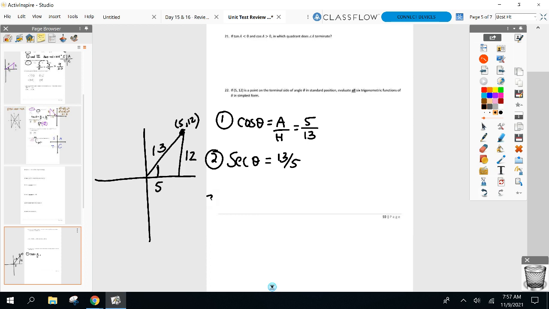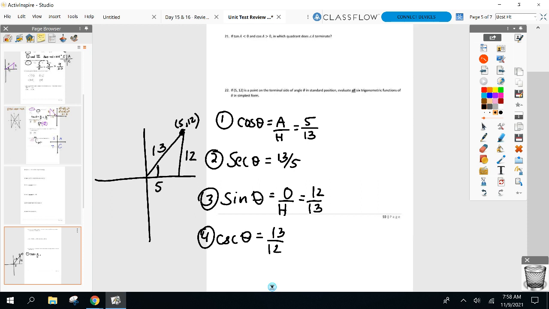All right, you want to do sine next? Sine. Opposite over hypotenuse. That one will be 12 over 13. And then why don't we just do its reciprocal now, which is cosecant. Flip that and it'll be 13 over 12.